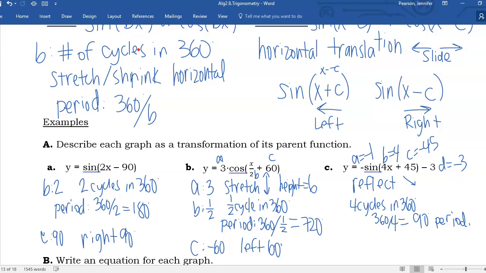With C looking like plus 45, meaning it's actually a negative 45, we are sliding left. And with D being a negative, we are actually sliding down 3 units.